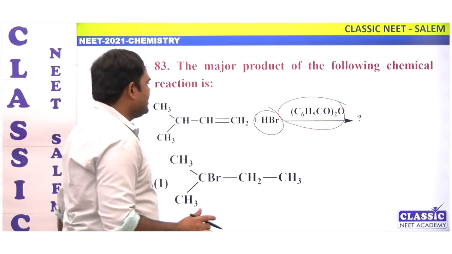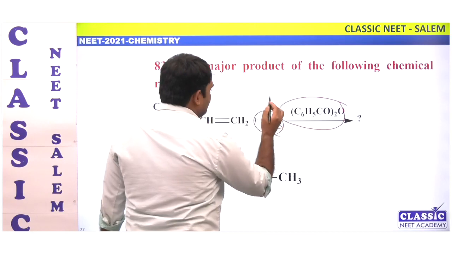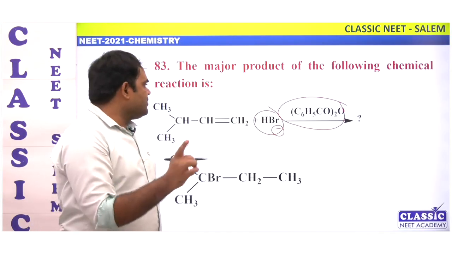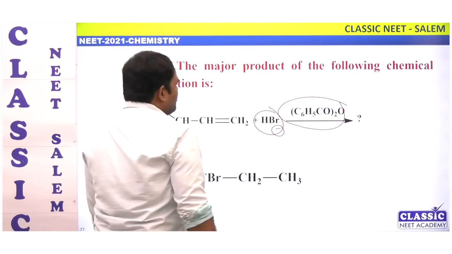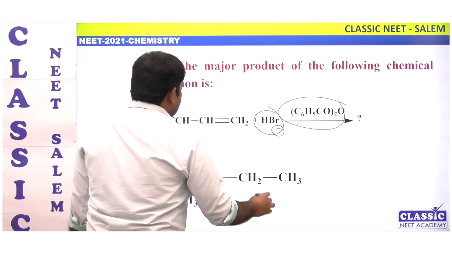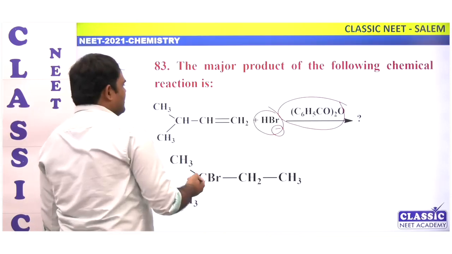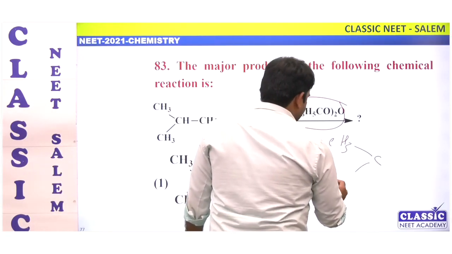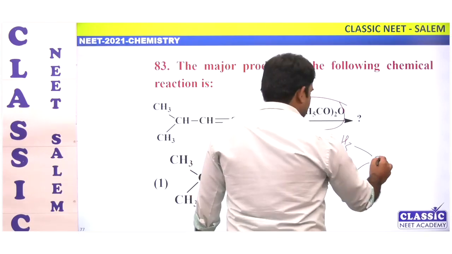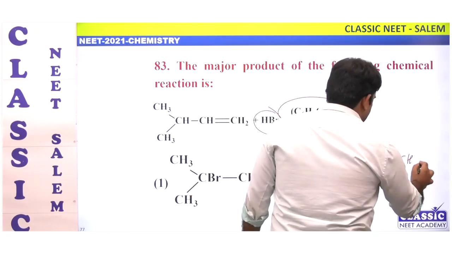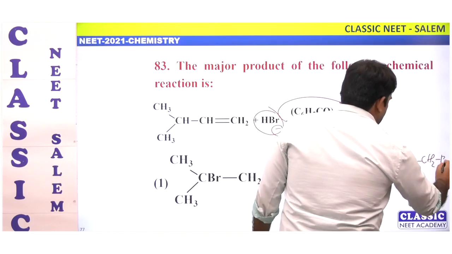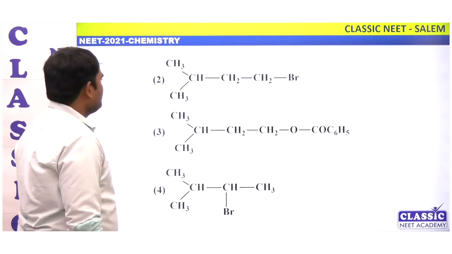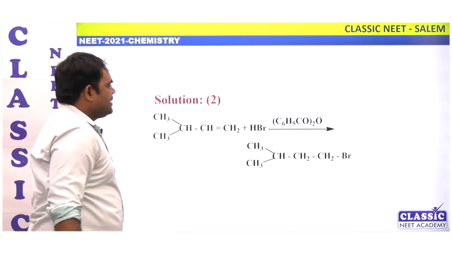That means the negatively charged attacking reagent will attack the carbon atom that has the more number of hydrogens. So what about the product? I am going to draw the product: CH3CH2CH2Br. So in that, the second is our correct answer.